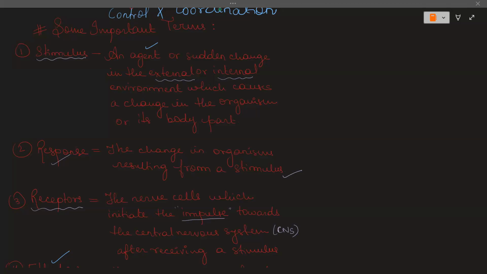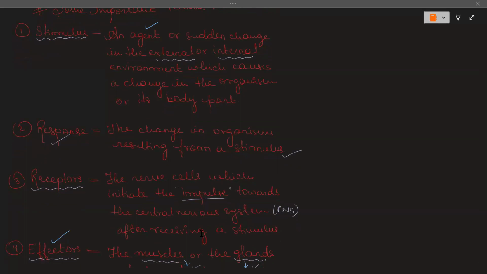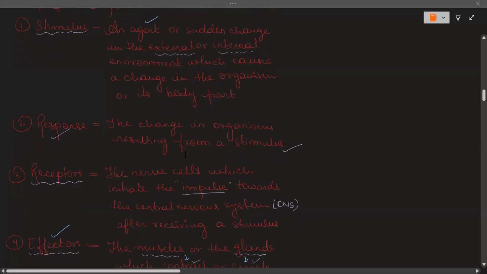For example, if I pat your back, you will understand that I'm patting your back. That patting is the stimulus that I'm providing. And then when you turn towards me, you give me the response. That response is the change in the organism which results from a stimulus.